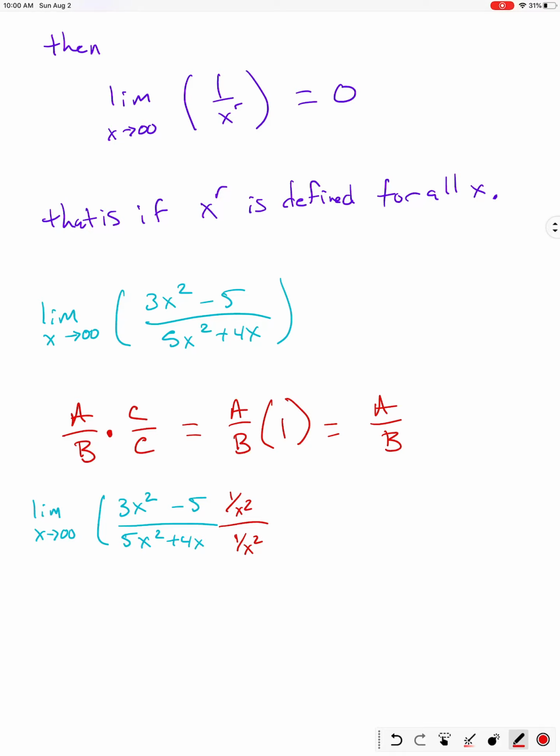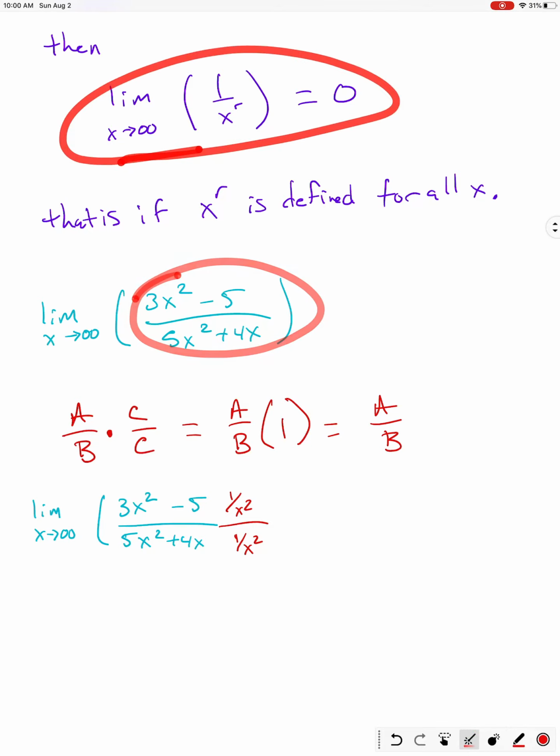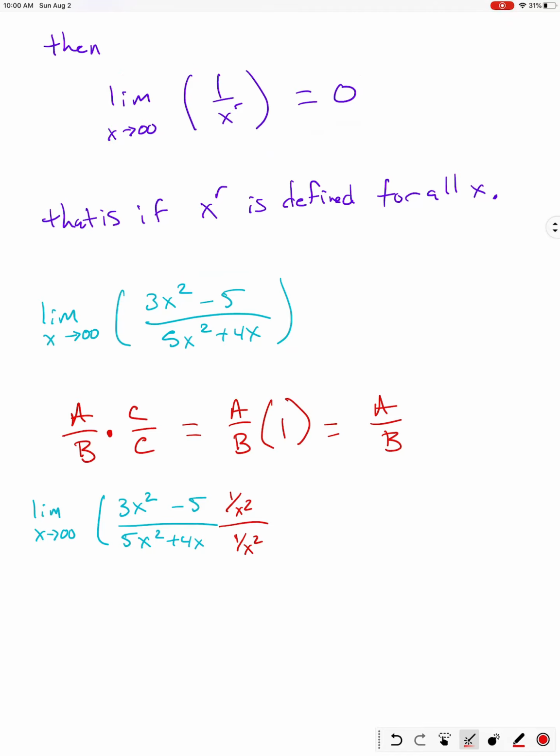The reason I've done that is because I'm trying to get some things to cancel so that I can use this definition. I have multiplied both top and bottom by 1 over x squared, so I'm really multiplying by c over c, which is really just 1. So algebraically, I haven't changed the value of anything.